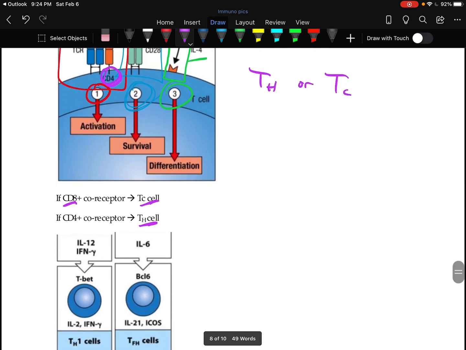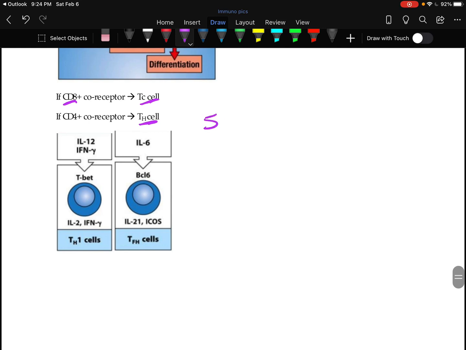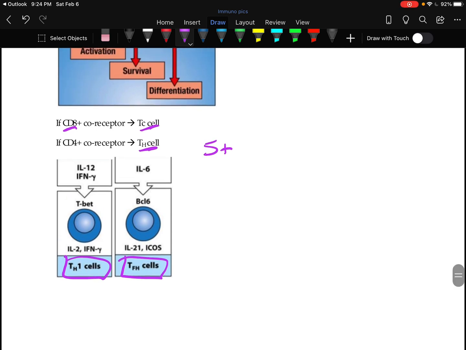Now, there's many different types of helper T cells. There's at least 5, probably much more than 5 helper T cells. For this discussion, we're just going to talk about the follicular helper T cells and the H1 helper T cells. And the way to stimulate those is you get the co-receptor CD4+, and then it depends on which cytokine is released.